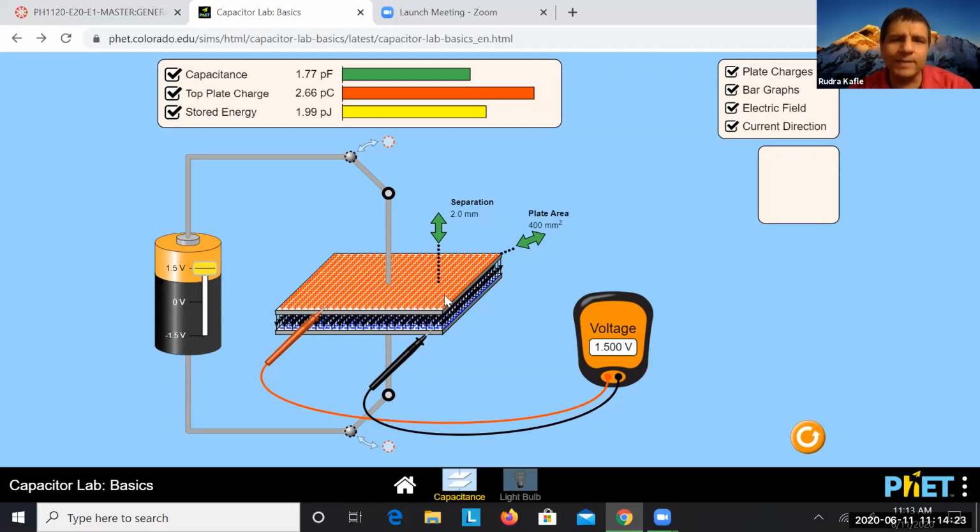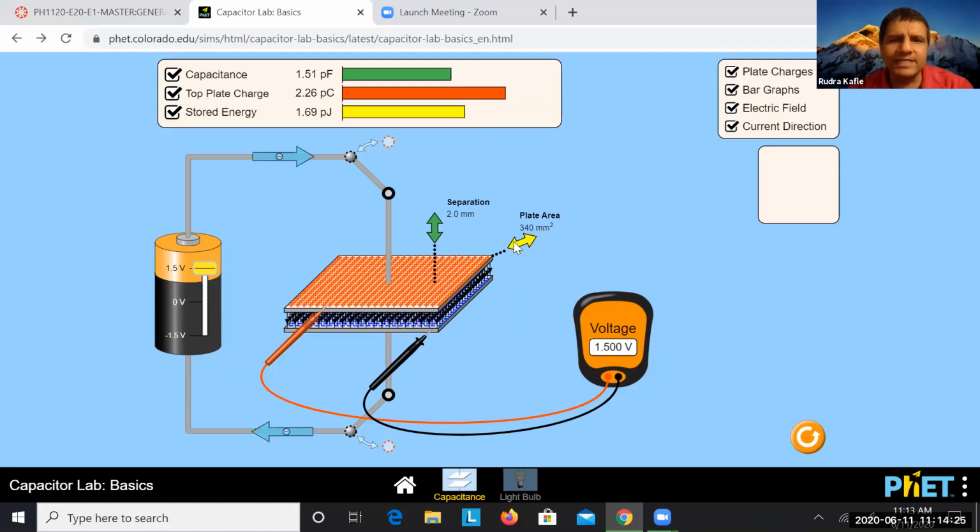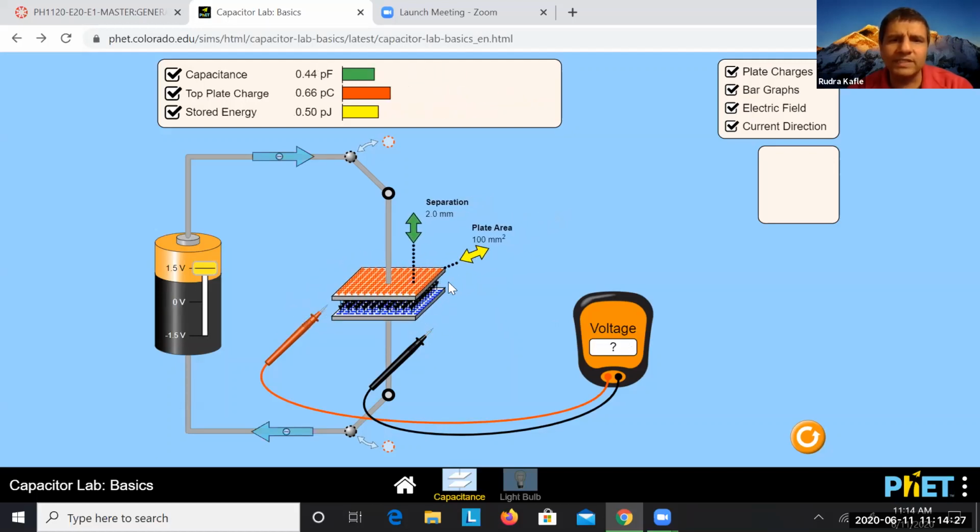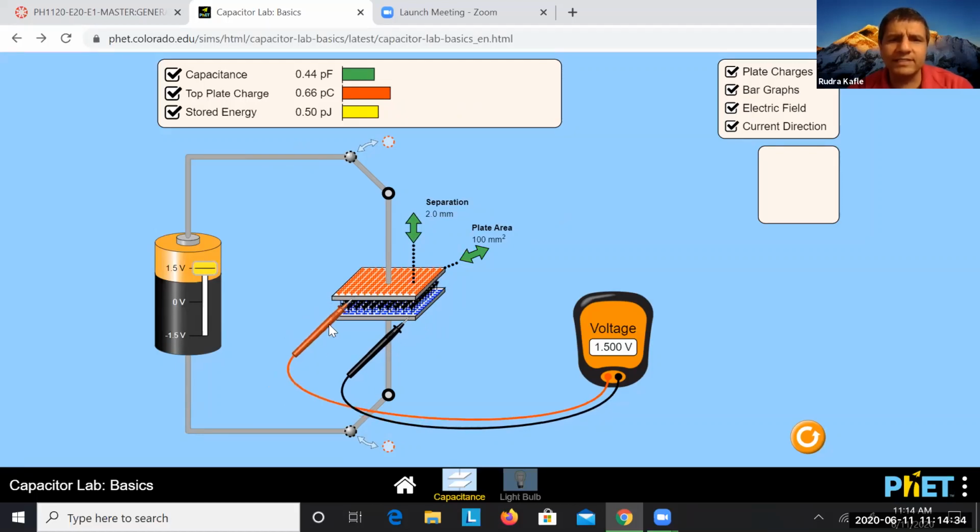See, there is 1.5 volts. So if you decrease or increase the plate size, the potential difference remains the same. That is a very important thing. You see again 1.5 volts. The reason is the battery has a constant potential difference, so that maintains the potential difference.